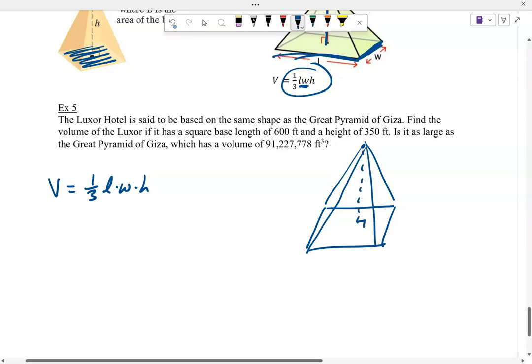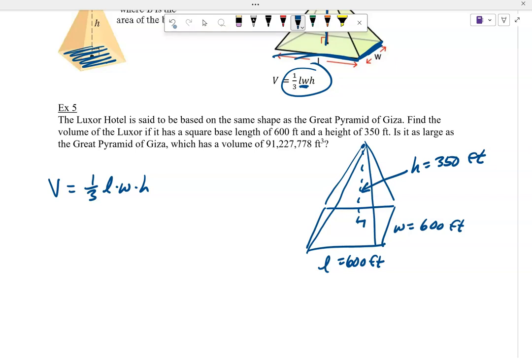Here's my height. It has a height of 350 feet, the Luxor. And it's got a square base, actually. It's not rectangular. So the length is 600 feet, but so is the width. They're the same. It's got a square base, similar apparently to the Great Pyramid of Giza as well. So let's see how it compares to the Great Pyramid of Giza in terms of capacity.